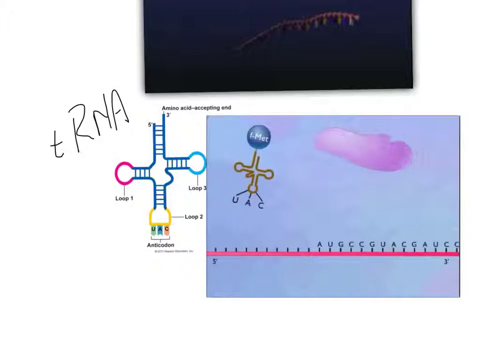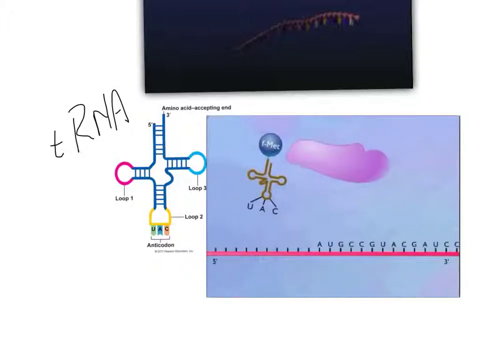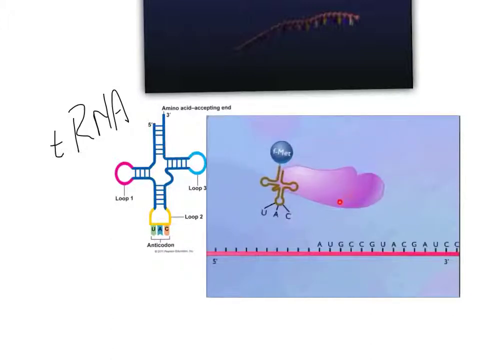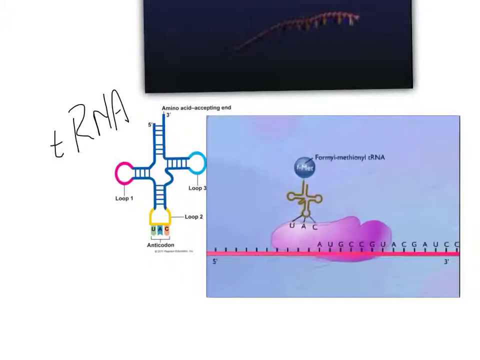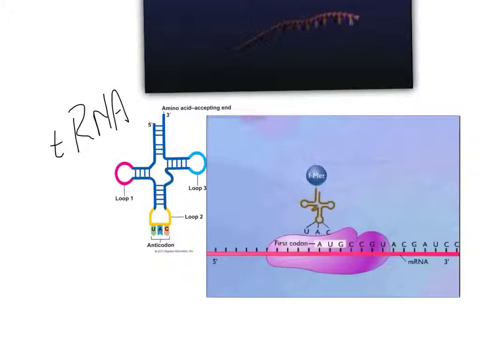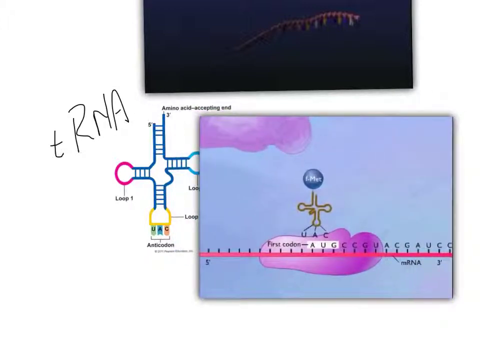So here we go. What I've got here is the smaller part. Ribosomes are made out of two subsections: a small subunit, and this bit up here is a large subunit.